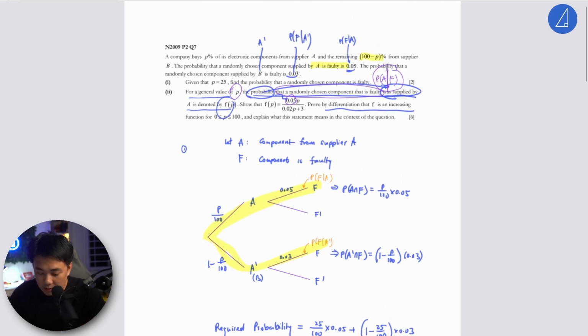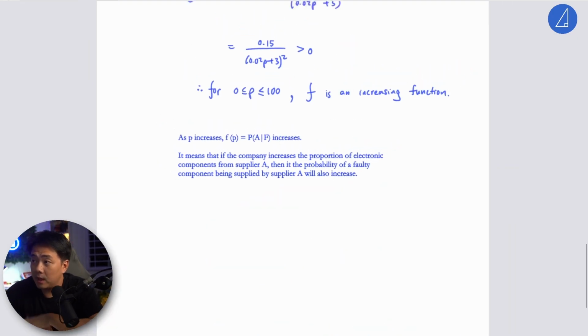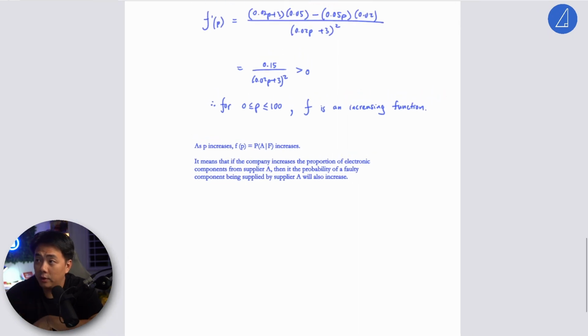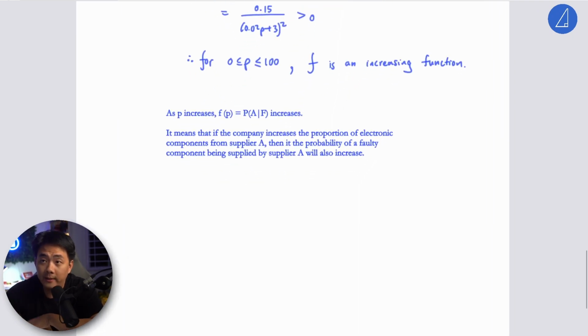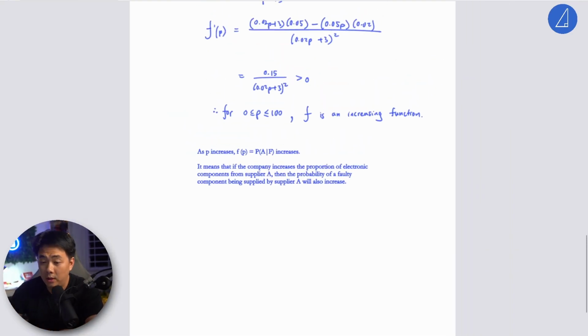Basically, the more you order from A, the more P(A given F) will go up because it's an increasing function. So it means that if the company increases the proportion of electronic components from supplier A, then the probability of a faulty component being supplied by supplier A will also increase. Okay, so that's how I do this question.